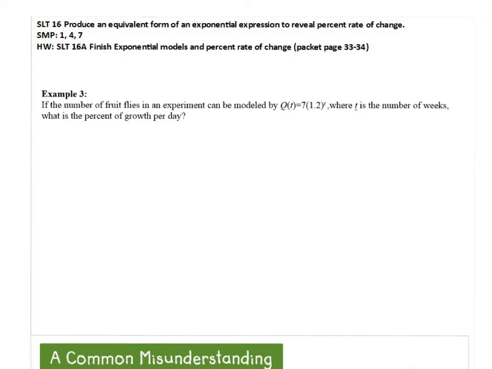Okay, so now we have a number of fruit flies in an experiment, and they can be modeled by that equation, where T is the number of weeks. What is the percent growth rate per day? How many days are in a week? 7.